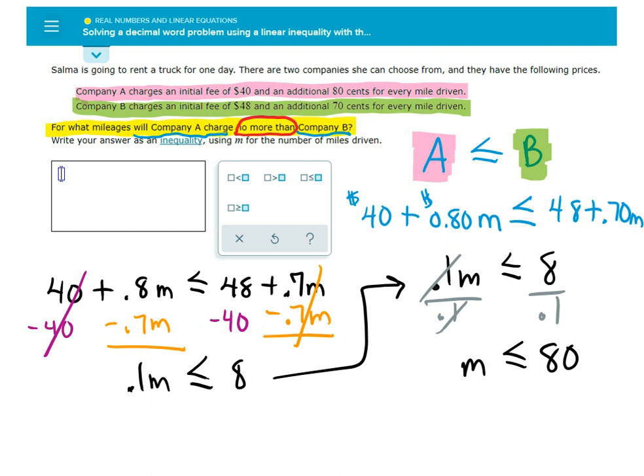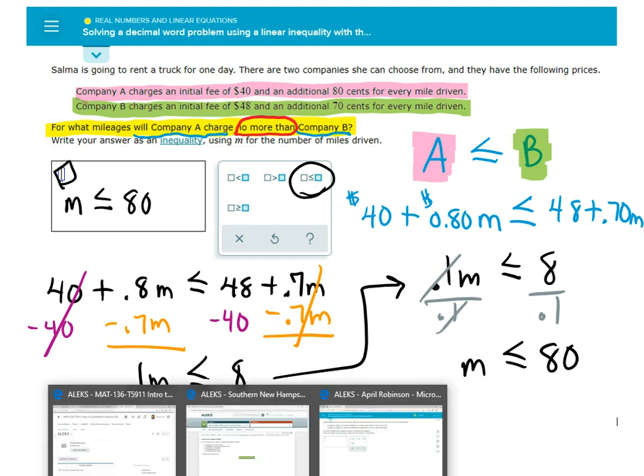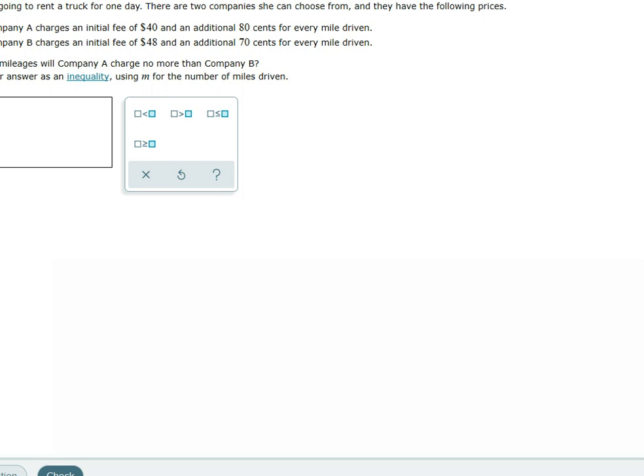So for Alex, it looks like we need this guy right here. I'm going to click on him. It'll show up in this box, and I'll type in the M. Of course, the less than or equal to sign will be there for you, and then the 80. I have this open in Alex. I'm going to type it in.